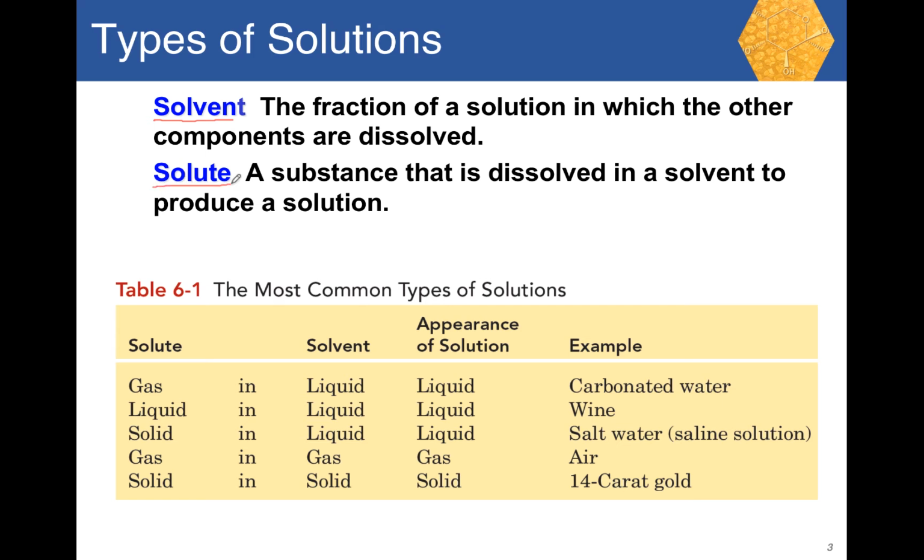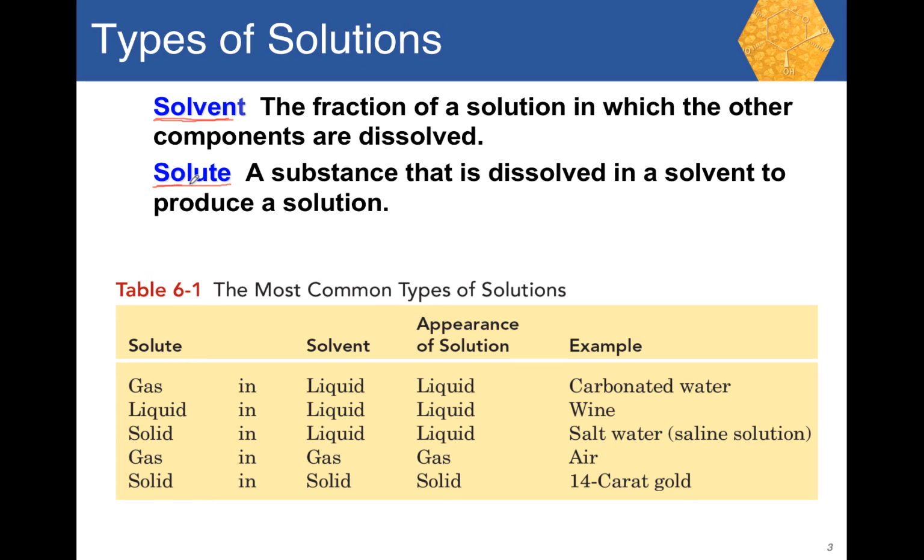The solute is a substance that's dissolved in the solvent. So think about this carefully. The solute would represent now the sugar that's dissolved in the solvent. So pay special attention to these terms because we will be using these terms throughout this chapter.